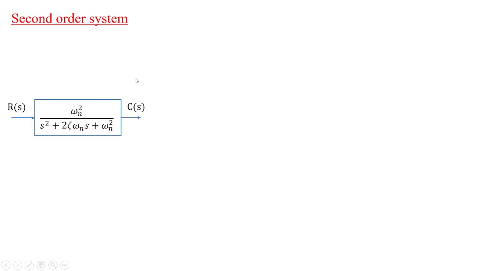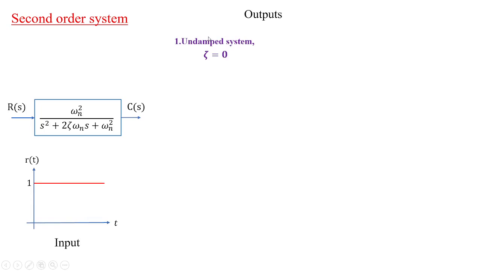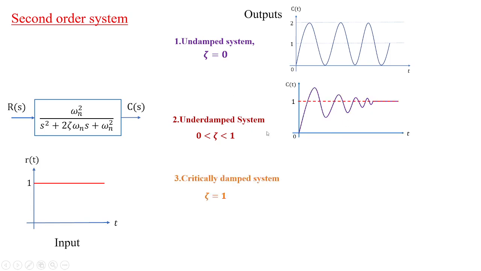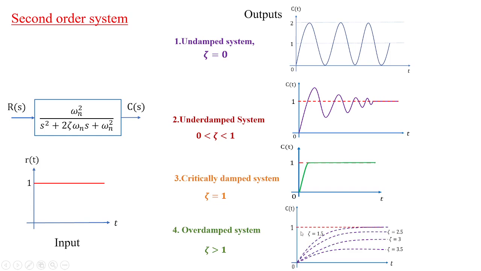Hence, for a second order system, when the input is step input, we got the output for the undamped system as oscillations. For underdamped systems, we got damped out oscillations. For critically damped, we got the output which is quite similar to the input. Whereas in the overdamped system, we got a response which is very slow in nature. So this is how you remember the time response analysis for second order system.